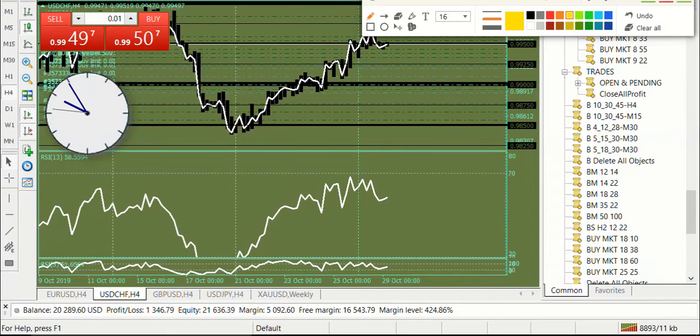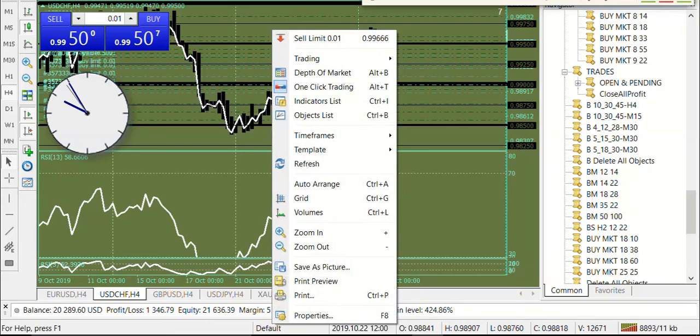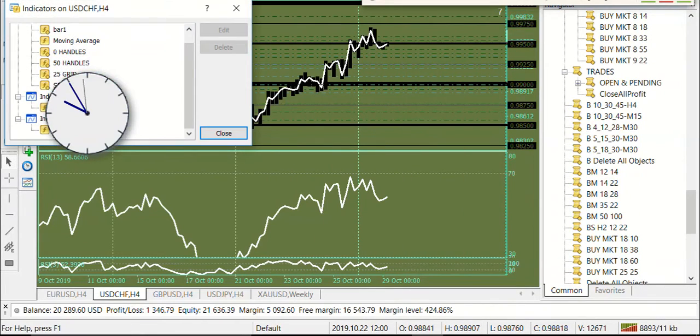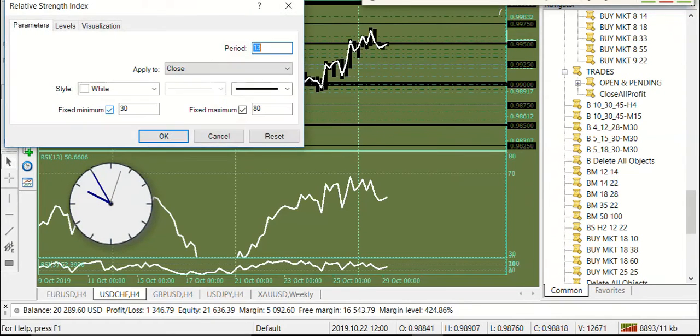So if I take the settings and make it a 5... 13 is a little bit too lazy, and it's too slow, and not enough signals for me. I kind of want to get in.